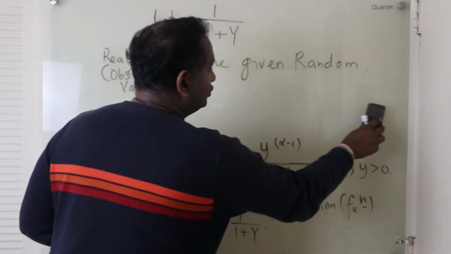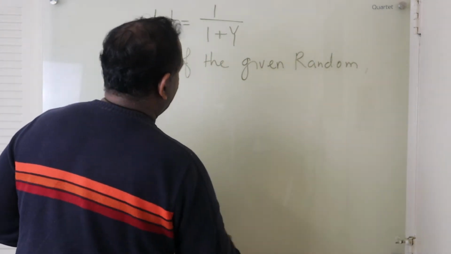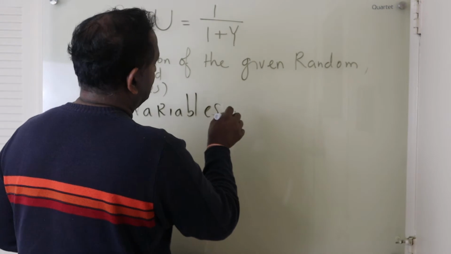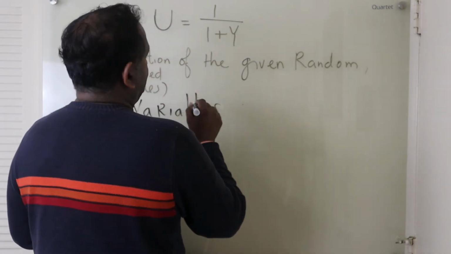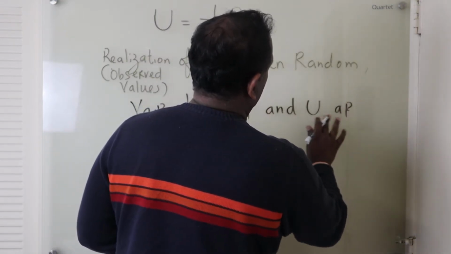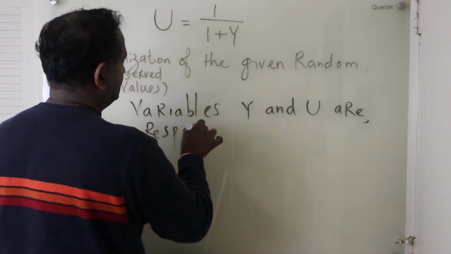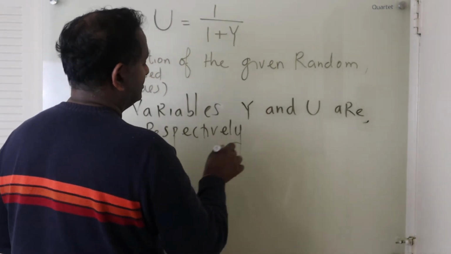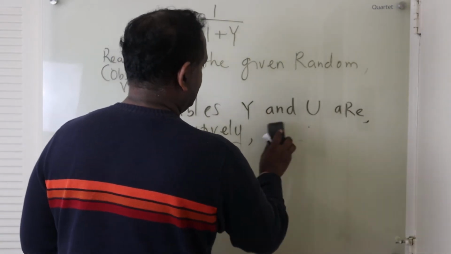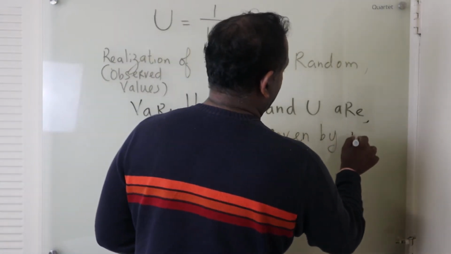Here, y as well as u are random variables, and their realizations are respectively simple y and simple u.